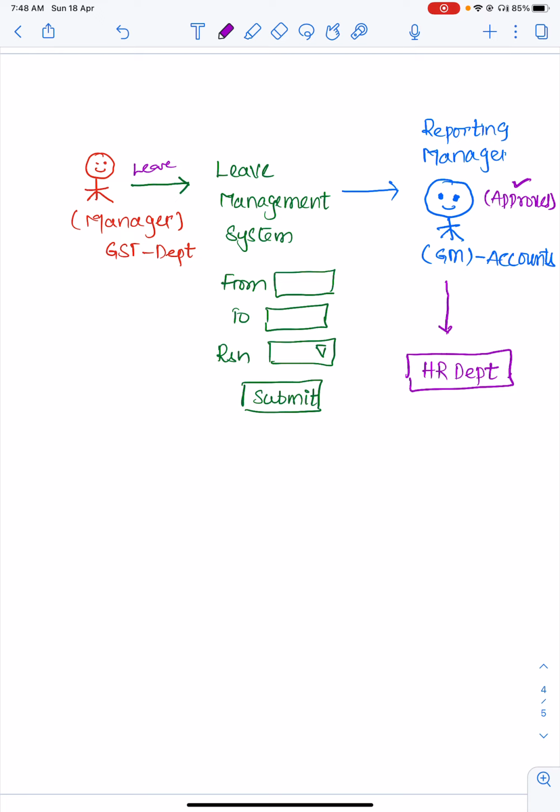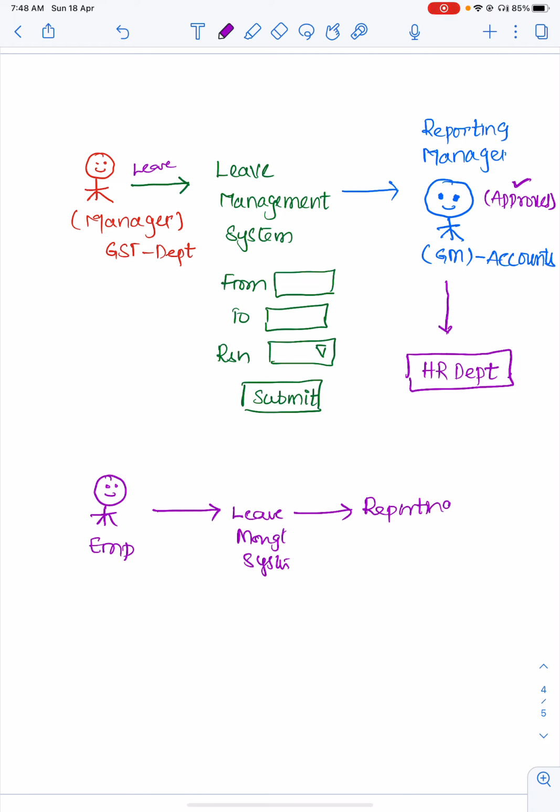And what do you mean by standard flow of activities? Here we took a manager from the GST department. If I want to generalize this, any employee will apply for leave through the leave management system, his reporting manager will react, and the data has to be sent to the HR department.